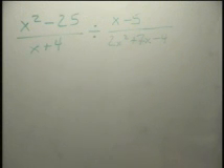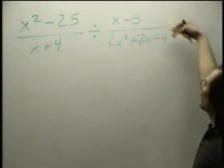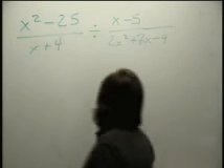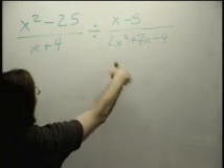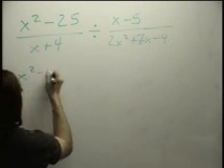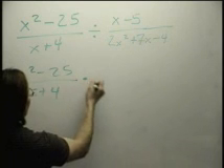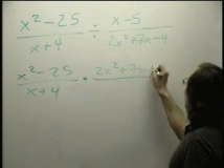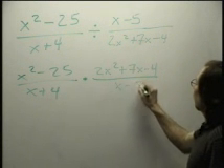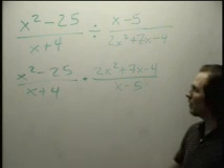Let's see one where we have to factor: x squared minus 25 over x plus 4 divided by x minus 5 over 2x squared plus 7x minus 4. Well, again, we're dividing, so we can start out by multiplying by the reciprocal. Now, factor these to see what common factors there are.